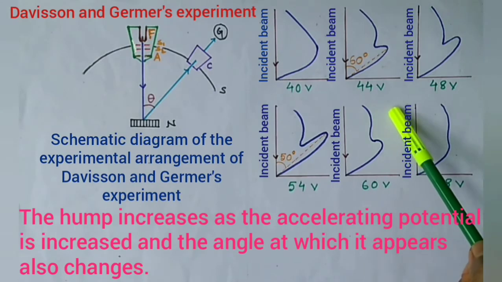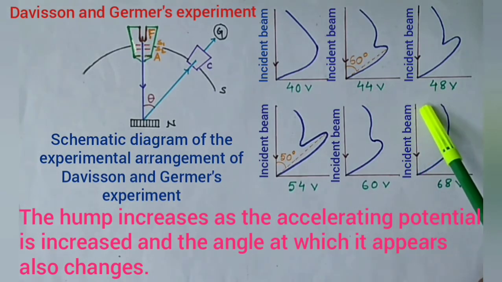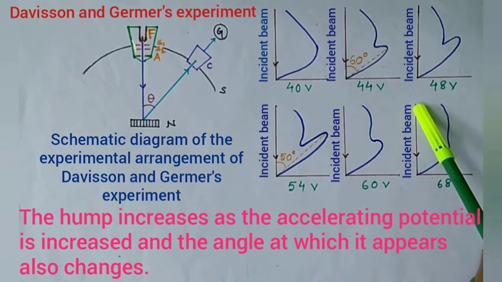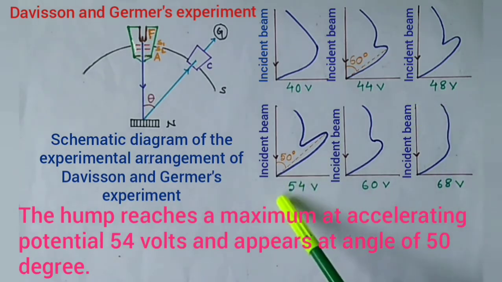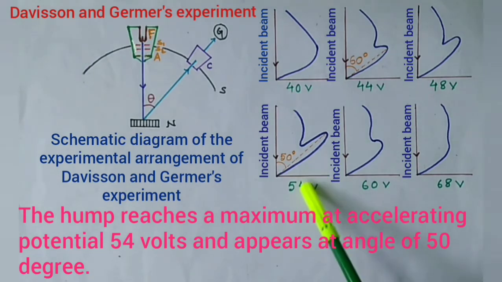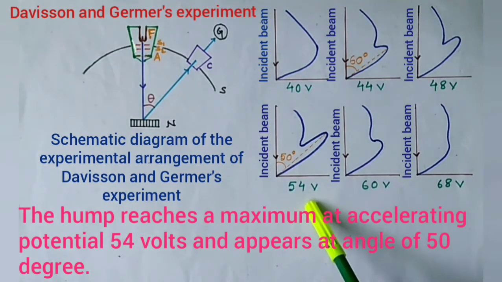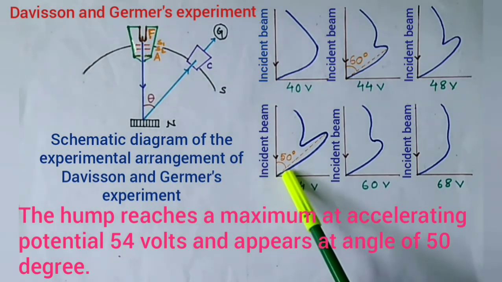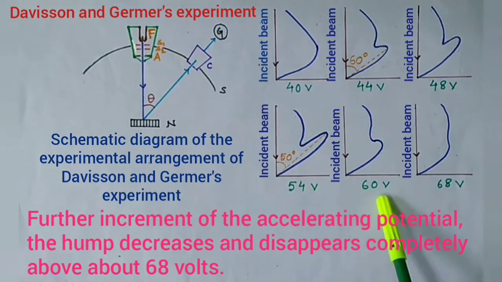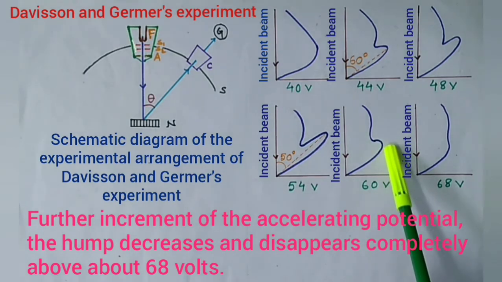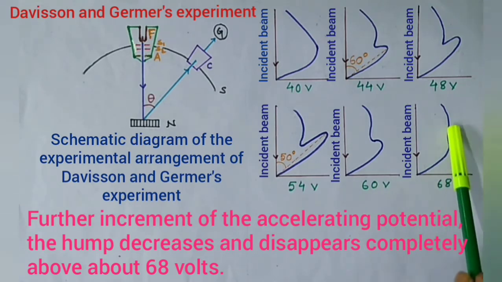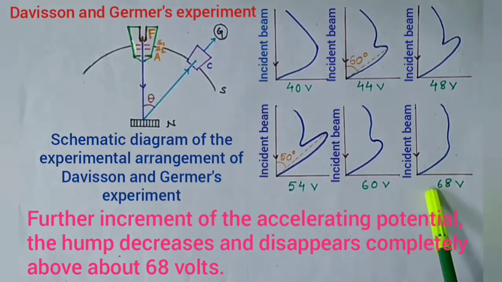The hump increases as the accelerating potential is increased, and the angle at which it appears also changes. The hump reaches a maximum at an accelerating potential of 54 volts and appears at an angle of 50 degrees. With further increase of the accelerating potential, the hump decreases and disappears completely above about 86 volts.